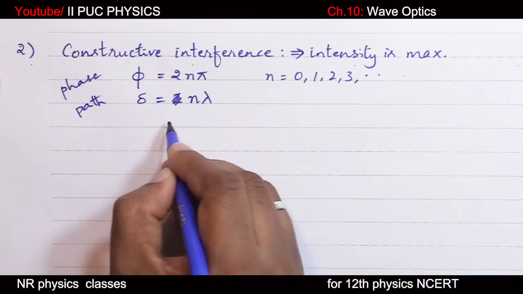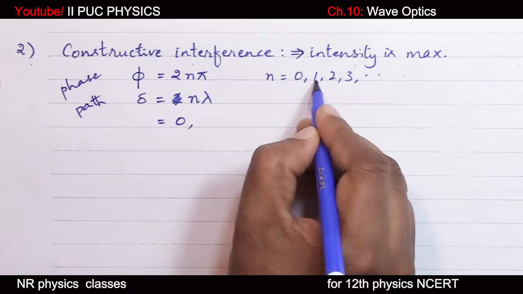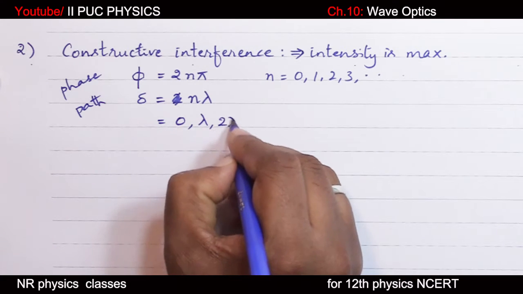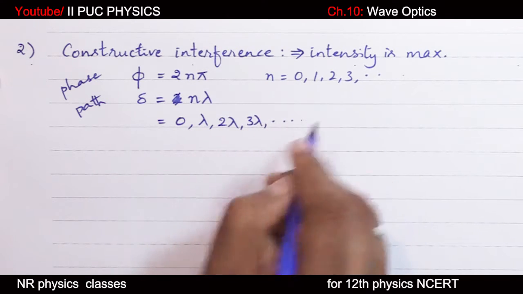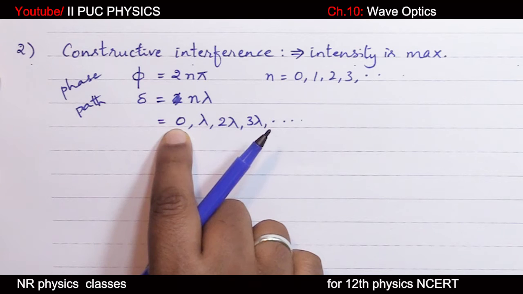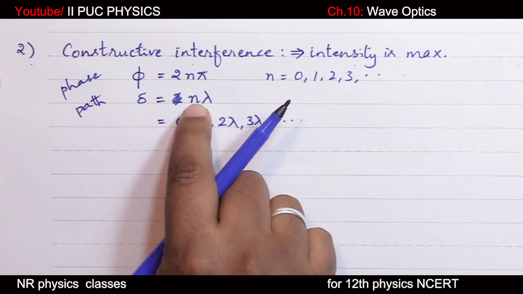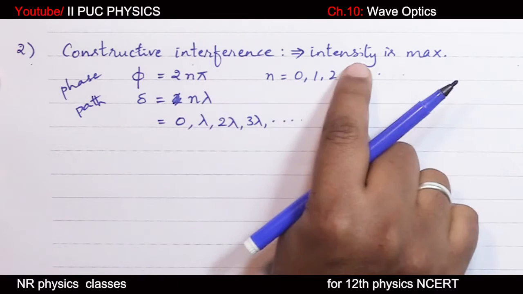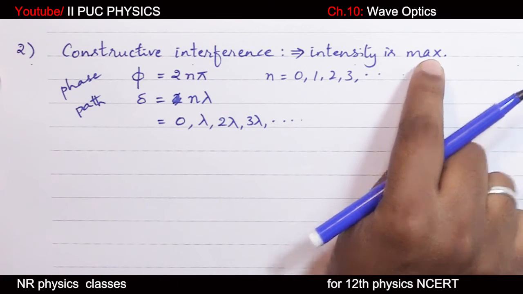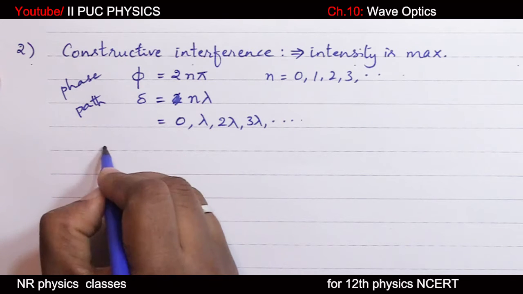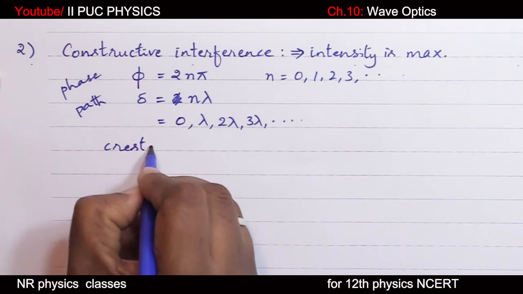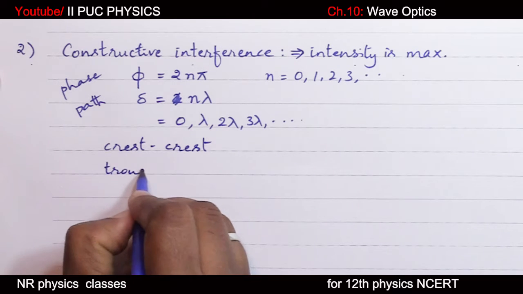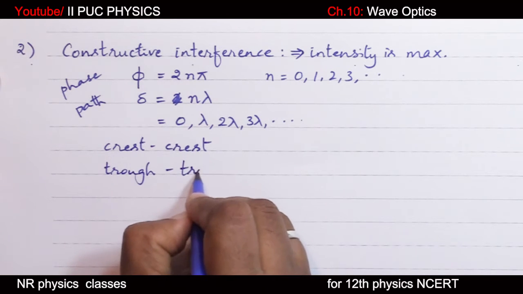Substitute 0 here, we get 0, n equal to 1, we get lambda, then 2 lambda, 3 lambda, etc. So if path difference between the waves is an integral multiple of the wavelength, then that results in constructive interference where intensity is maximum. In short form, crest of one should fall on crest of the other, or trough should fall on trough of the other.